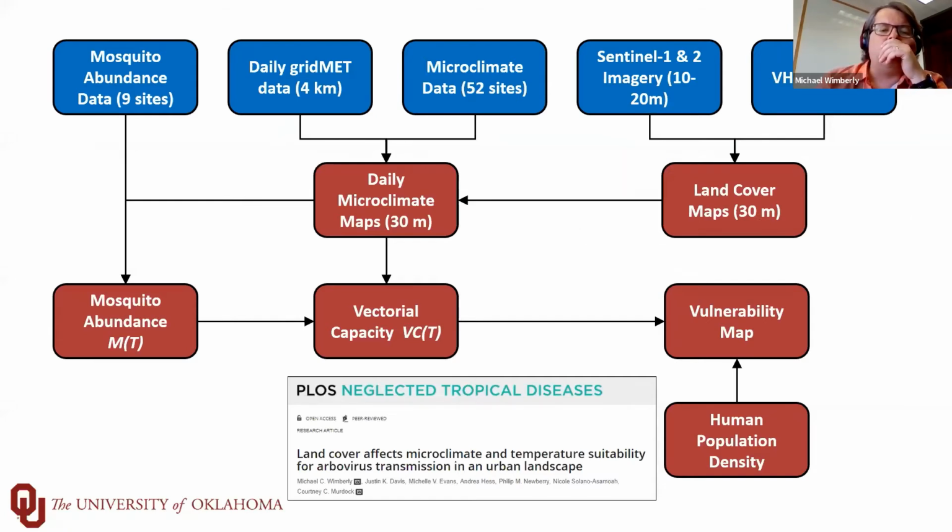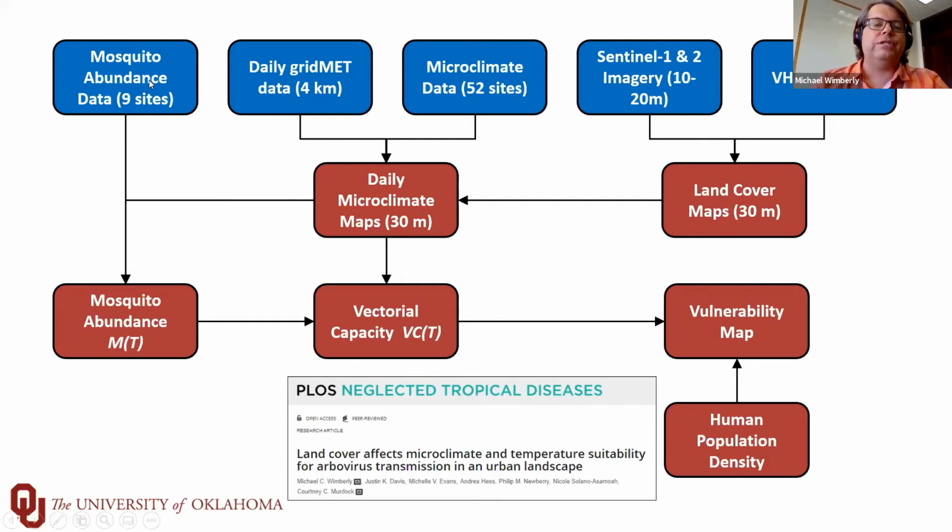And so what we did, and this is published in this PLOS Neglected Tropical Diseases paper, is that we had data on mosquito abundance. We have coarse scale gridded climate data from GridMet. We have microclimate data. And I have to say, this was data that was collected by my colleague, Courtney Murdoch, who was at the University of Georgia for a while. She's at Cornell now. But she and her lab did a lot of the data collection.